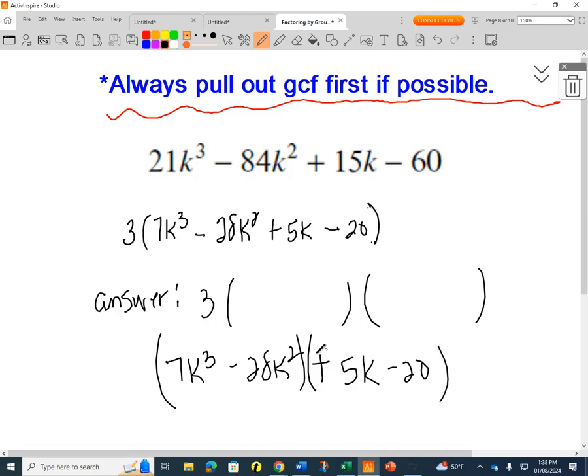Yes, pull out the greatest common factor of both groups. So the greatest common factor of this group is going to be 7, the greatest common factor of 7k cubed and 28k squared, right? The greatest common factor of 5k and negative 20 is 5. So that is our first binomial, the sum of those.